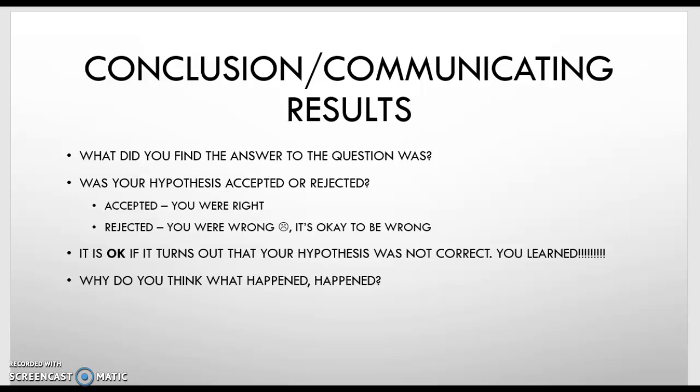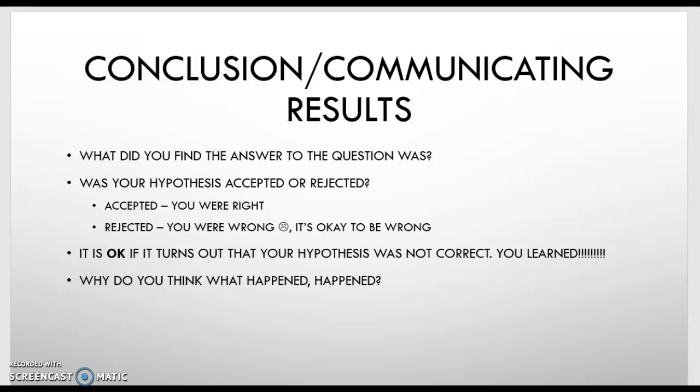So when we talk about our conclusions and our communicating of our results, what we're trying to do is answer this question. What did you find the answer to the question was? So one of the first steps of the scientific method is to come up with a research question, right?